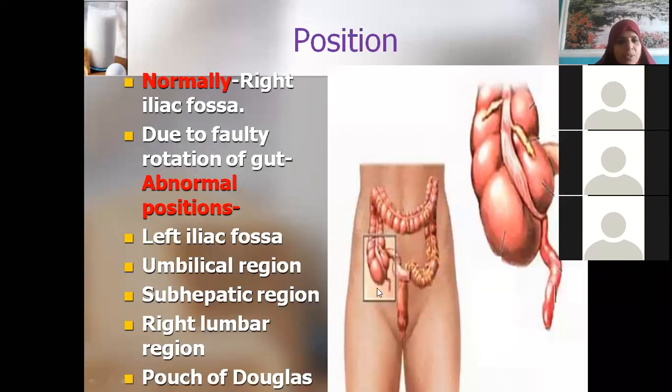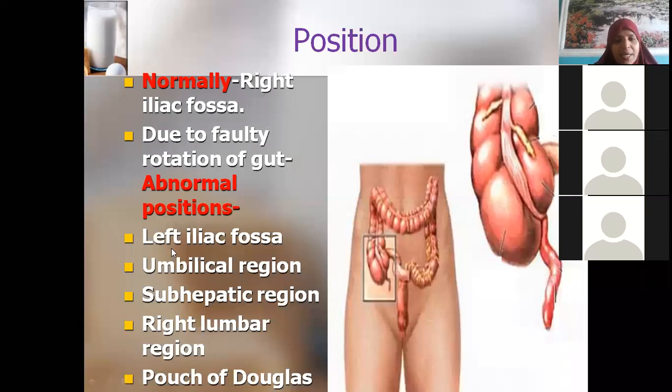So then coming to the position, already I told you it is situated in the right iliac fossa, but of course due to the rotation of gut, we will study during our embryology classes. If there is any faulty rotation of gut during embryonic development, then we may find different abnormal positions of ceca.